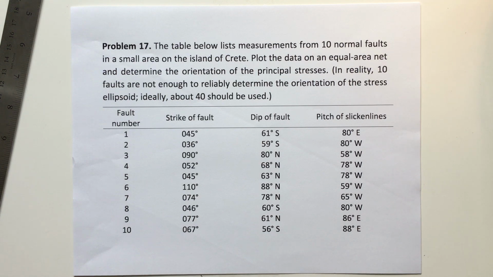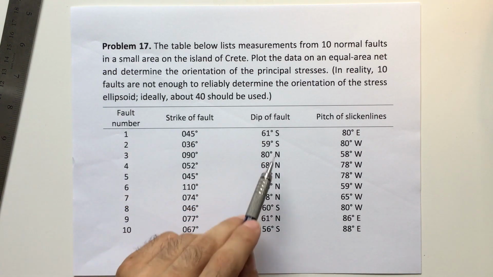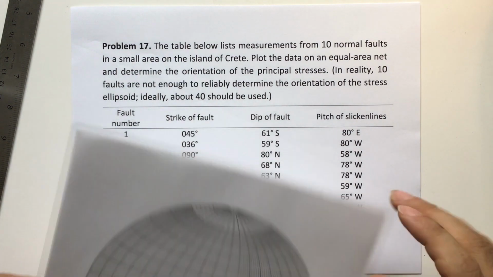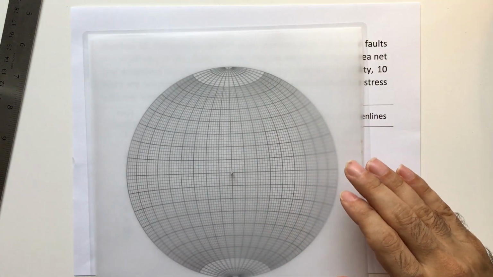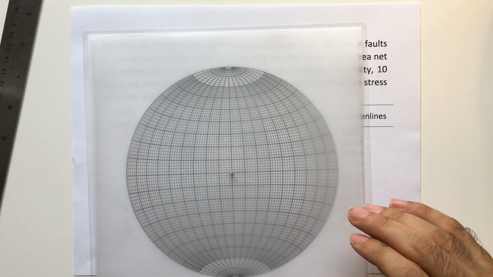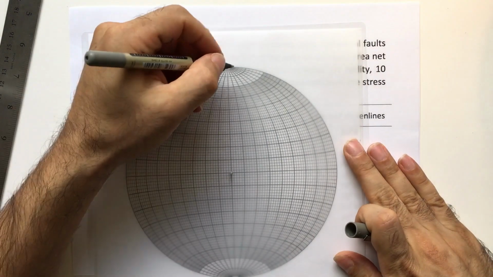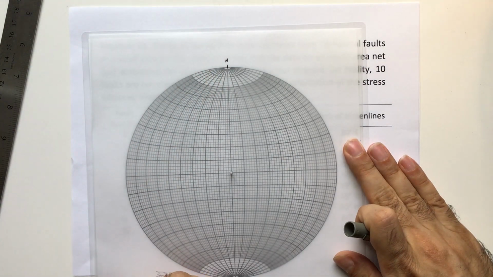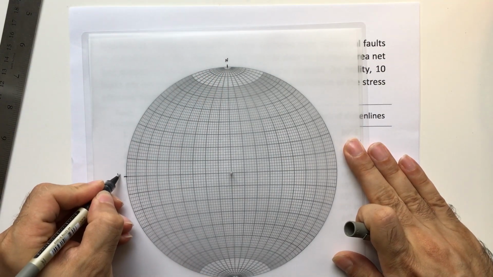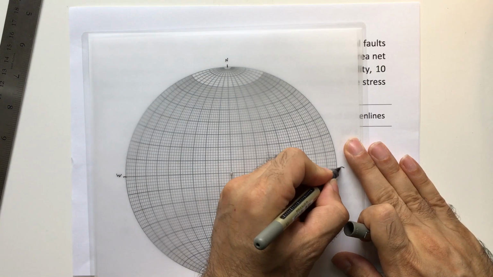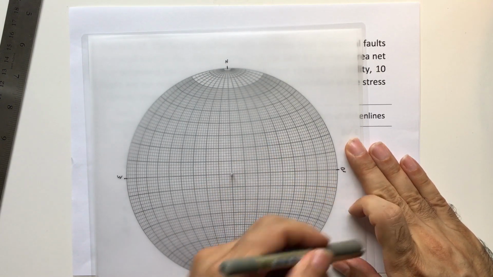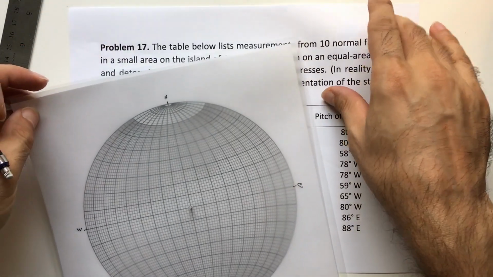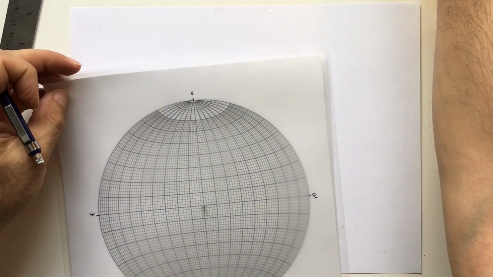So let's plot first the fault 1, and then we discuss how we can tackle this problem. So this is my stereonet, and I will start placing my fault traces.